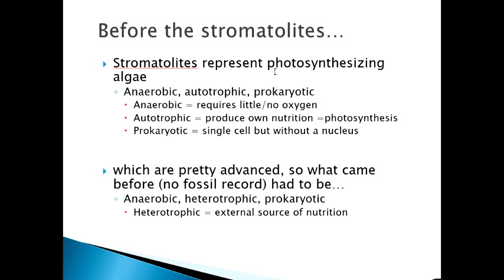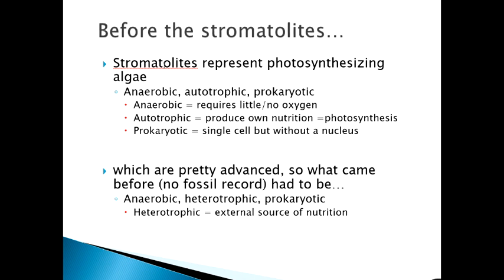So if you look at stromatolites, we think that they were photosynthesizing algae. Algae like them today photosynthesize, and we can tell also in the Archean that we start getting a more and more oxygen-rich atmosphere, so we think that's what's happening.